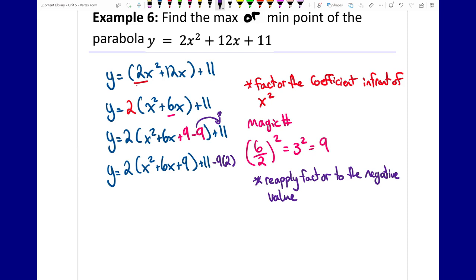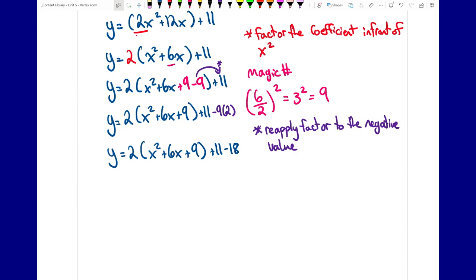You can just do that multiplication before and write it down after. So you could just jump to this step, which would be 2 times x squared plus 6x plus 9, plus 11 minus 18. You could jump to that step from up here if you really wanted to. I'm just showing you step by step.